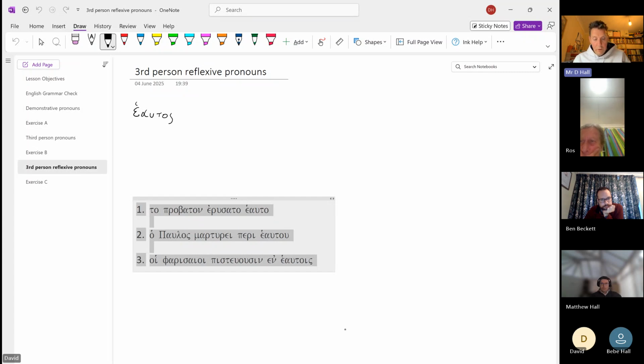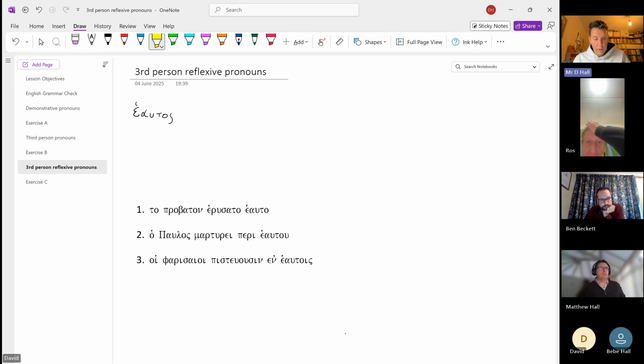So if you come across a word which looks like this, heautó, heautoú, heautois, then they're just the reflexive pronoun, which means itself or of himself or of themselves or themselves, depending on what case it's in.